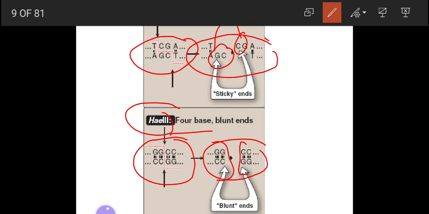The blunt ends do not attach easily to other strands, while the sticky ends are easily joined, or covalently joined, to other sequences which are cut by the same enzymes.